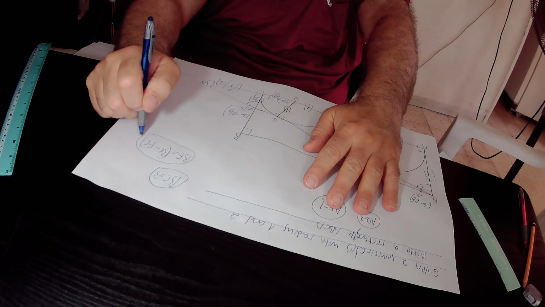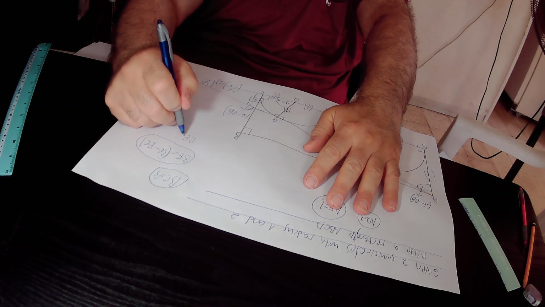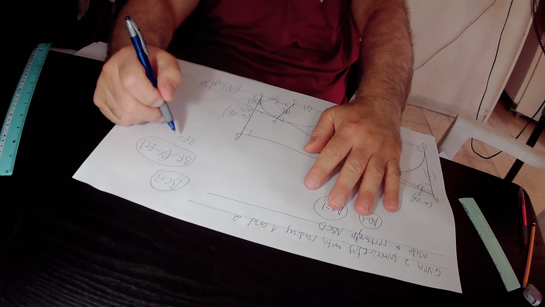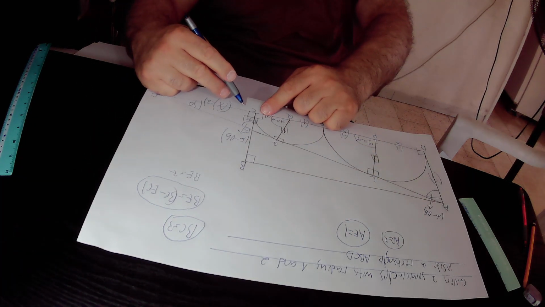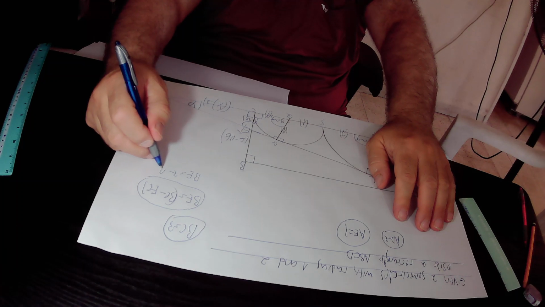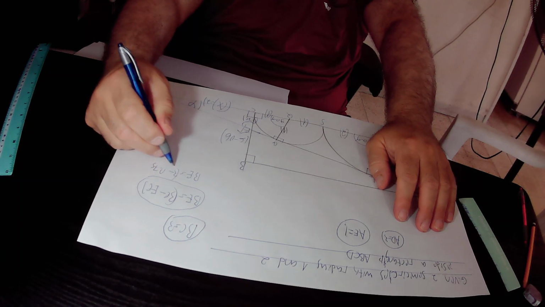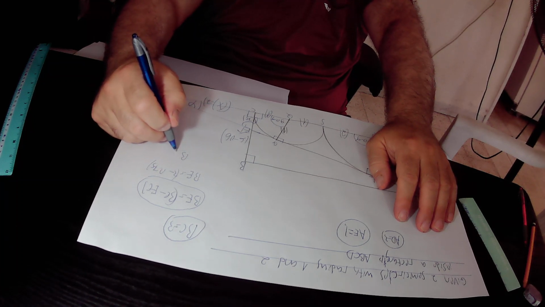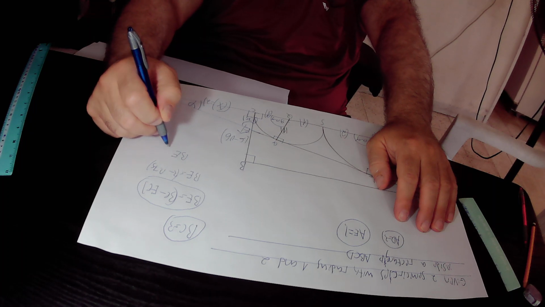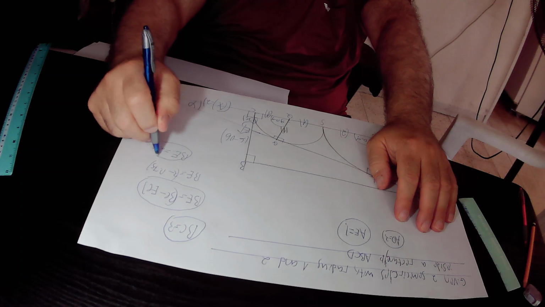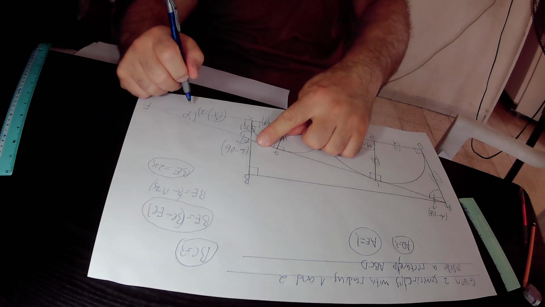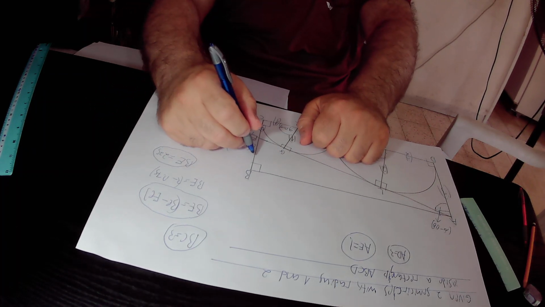So BE equals BC, and BC is 3, minus EC. We know from the formula that EC equals 0.75. So in total, BE equals 3 minus 0.75, which is 2.25 units. So BE equals 2.25 units.